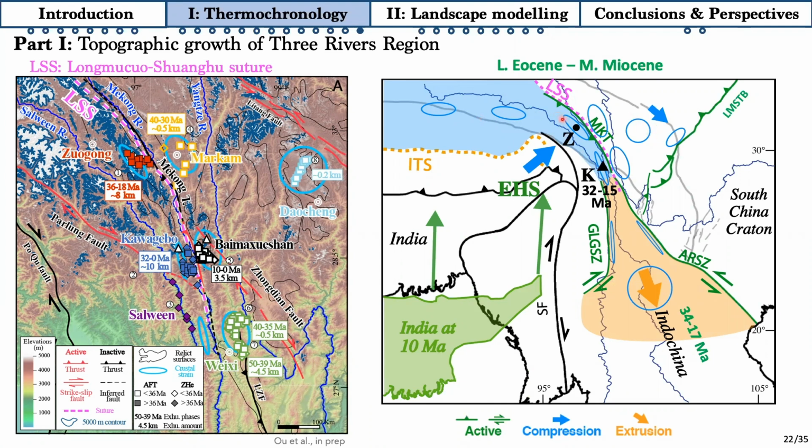And this strong compression is contemporaneous to the southeastward extrusion of the rigid Indo-China block, with the strongest deformation concentrated along the large-scale shear zone, and almost no deformation inside the rigid block.